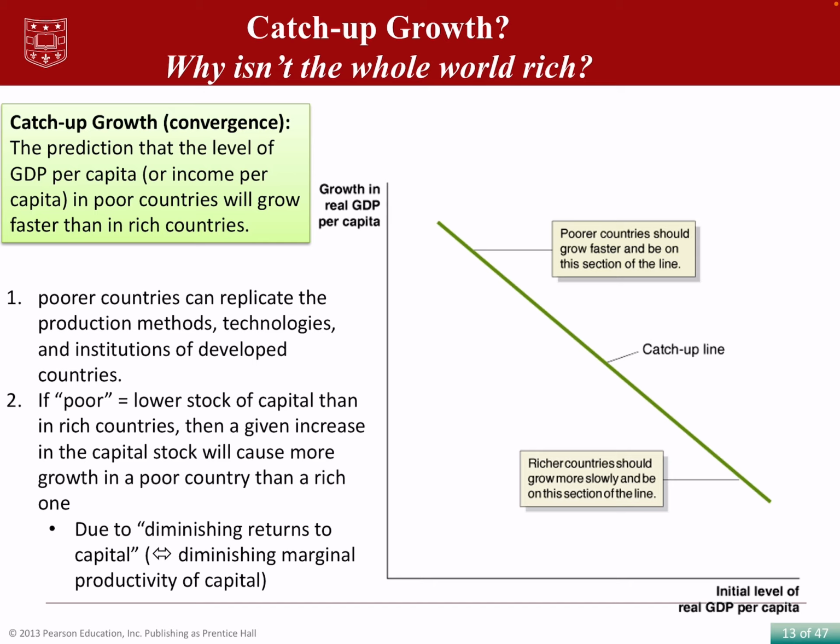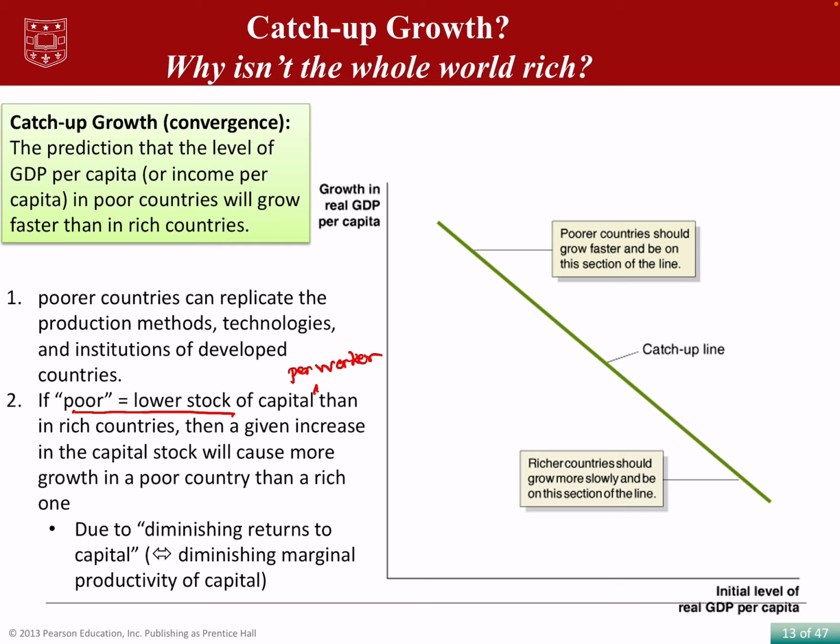And if poor just simply means that you're starting at a lower stock of capital per worker than in rich countries, then a given increase in the capital stock, again per worker, is going to cause much more rapid growth in a poor country than in a rich country. Why? Again, due to diminishing returns to capital, diminishing marginal productivity of capital.